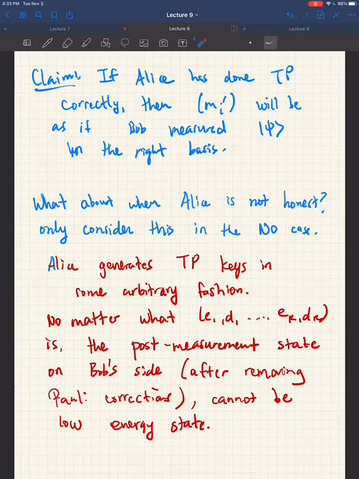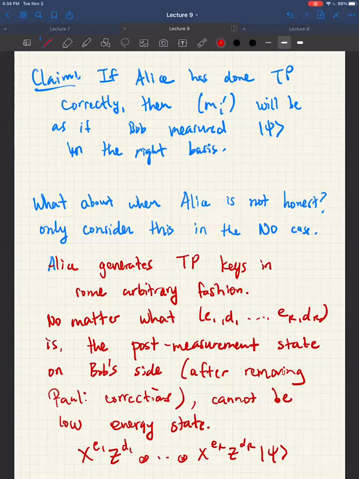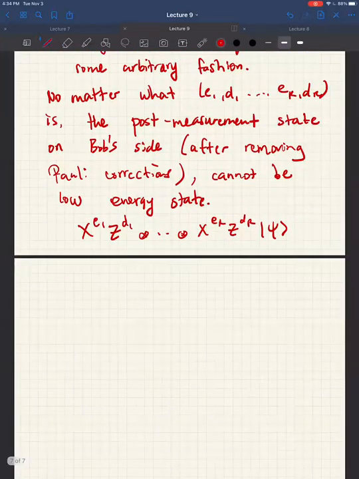Whatever they collapse to, you can write that state as X^E1 Z^D1 ... X^ER Z^DR times psi for some state psi. We don't know what it is, but we know that psi cannot have low energy. So when Bob measures it, it's not going to yield a low energy outcome. So hopefully that makes sense.